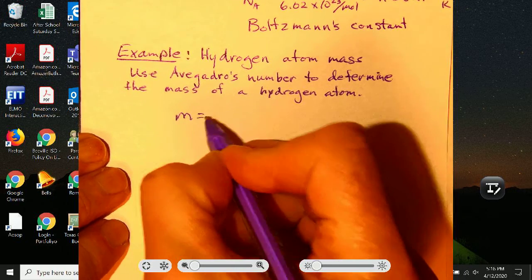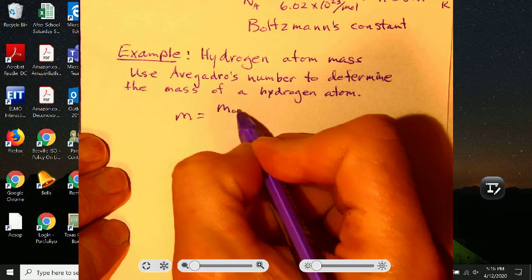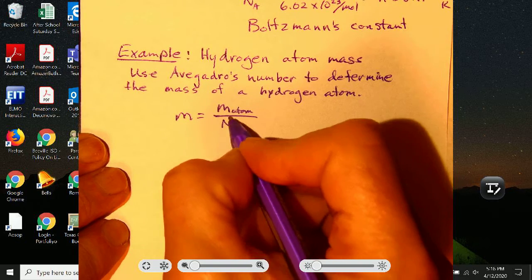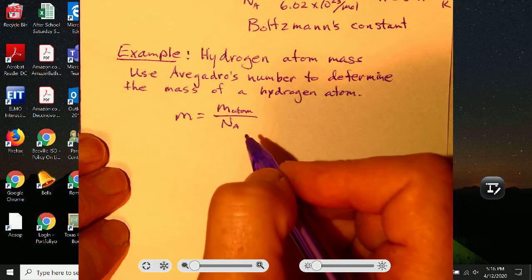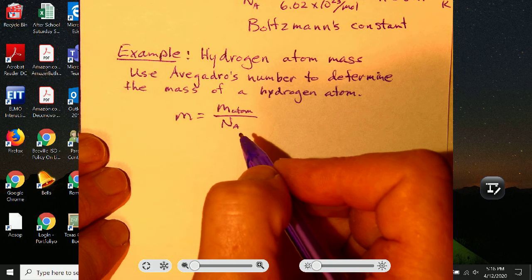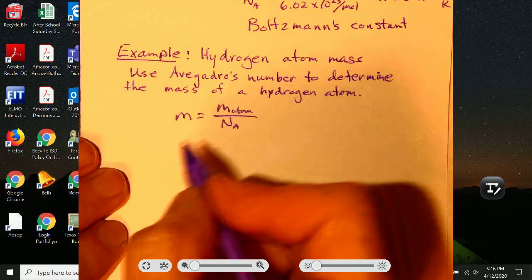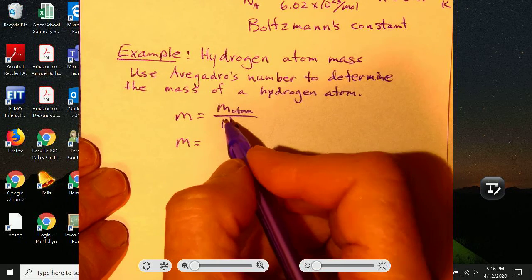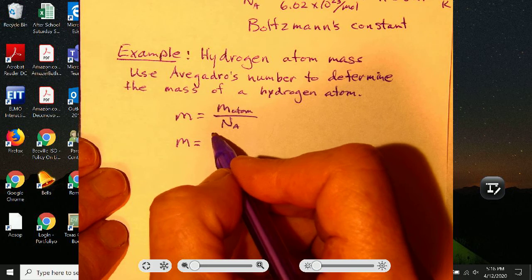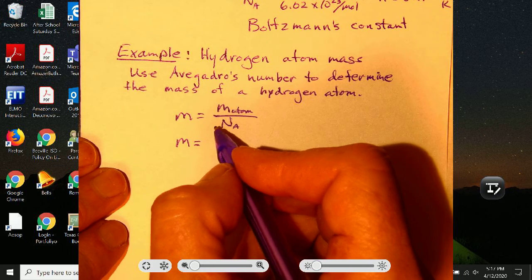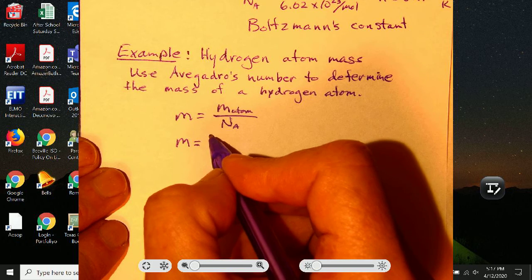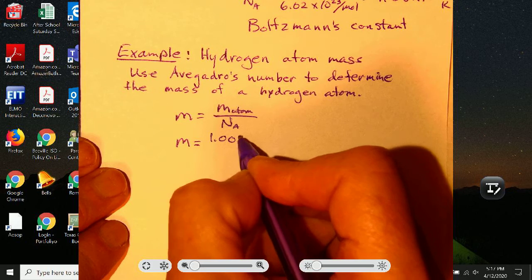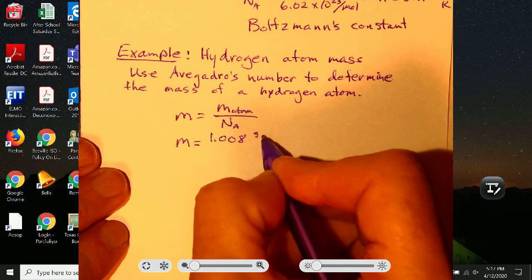Well, our mass is just our atomic mass, since we're dealing with an atom instead of a molecule, divided by Avogadro's number. When we look up the mass for hydrogen in the periodic table, what we get is 1.008 grams per mole.